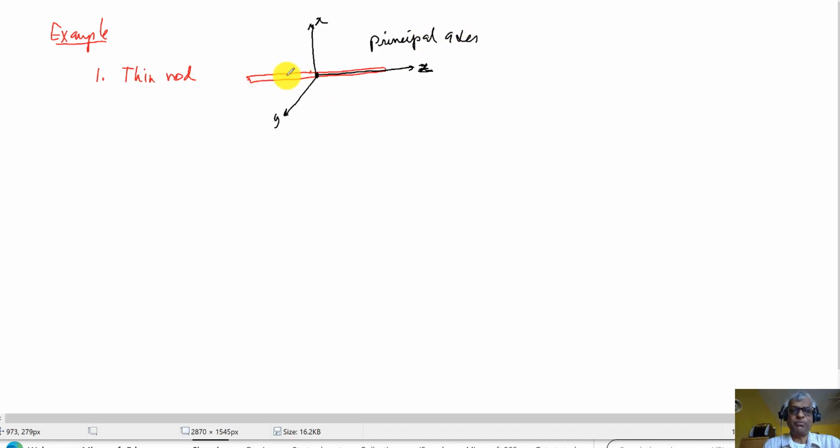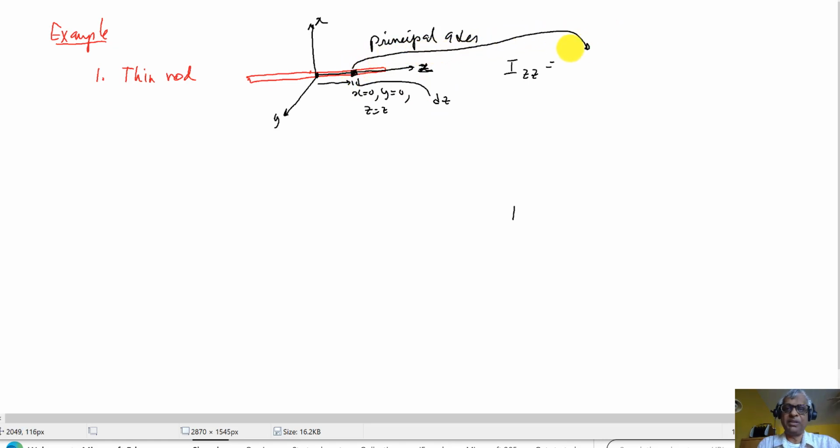And I want to find the moment of inertia, say Izz. So I break it up into small elements, just like we do for center of mass, right? If you look at all of these coordinates, x is 0, y is 0, and it's some point z equal to z, and this is dz. So look at how much mass there is.